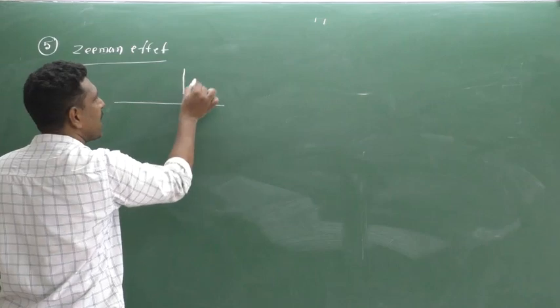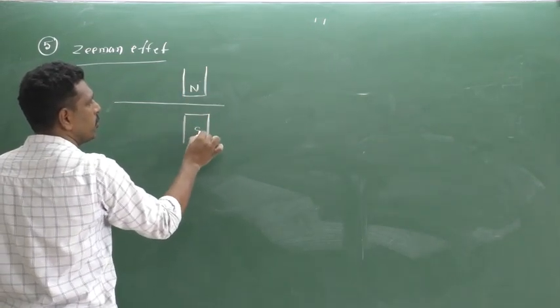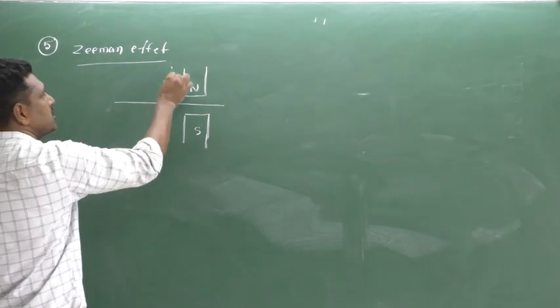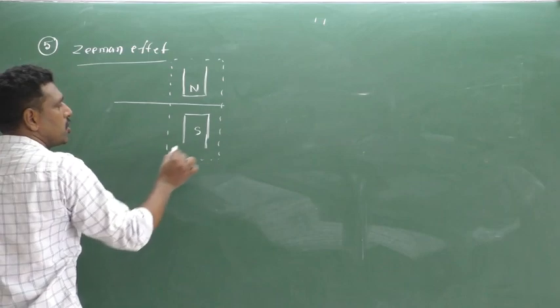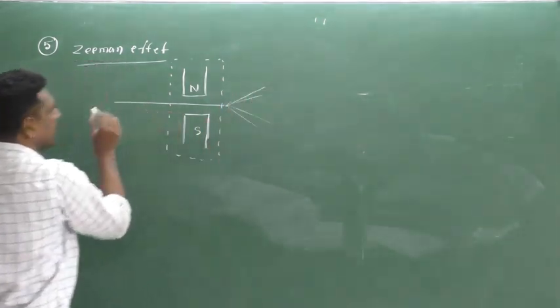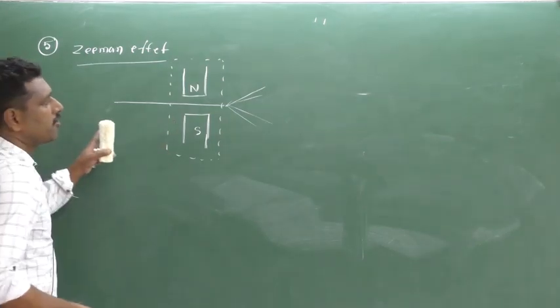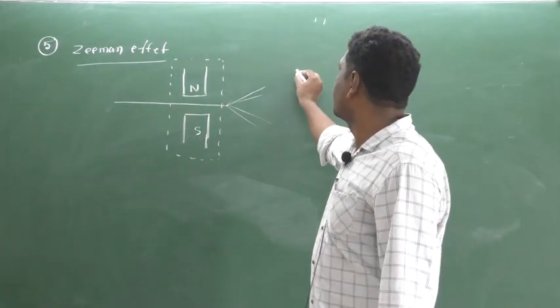If you arrange a magnetic field, North Pole here and South Pole here, this is known as a magnetic field. The spectral line is split like this in the presence of the magnetic field.